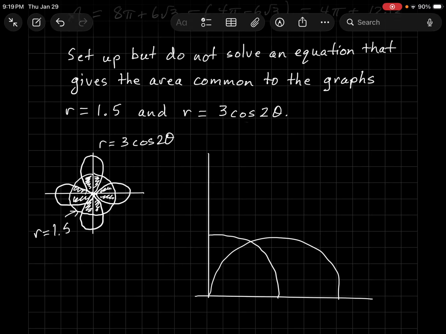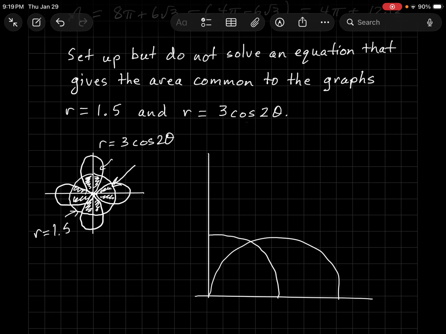And what I've done to help us see what to do is I have blown up the first quadrant, and only part of it. I really blew up this part and exaggerated it so we can see what's going on. I didn't do the top part here.